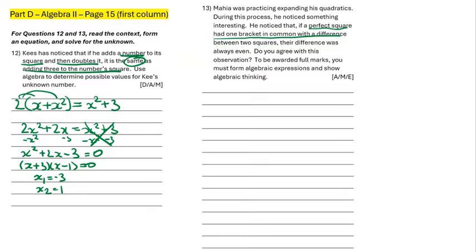So basically what it's asking you to do is a perfect square minus a difference between two squares. So we're going to have something squared here, and we're subtracting a difference between two squares. And the question there says these two things have one common bracket. So whatever this is, that has to be one of these here.